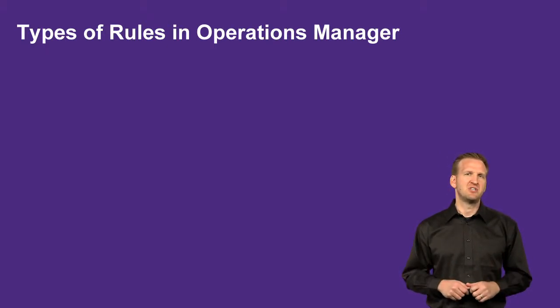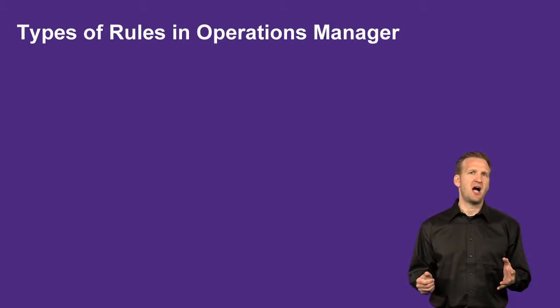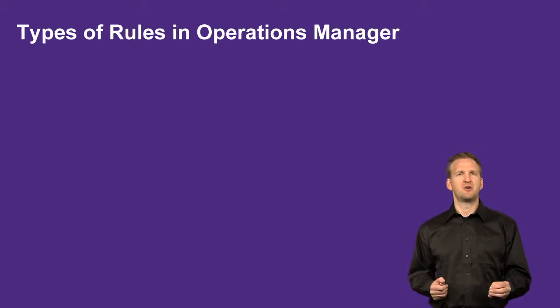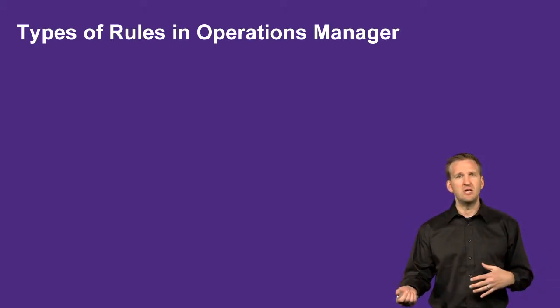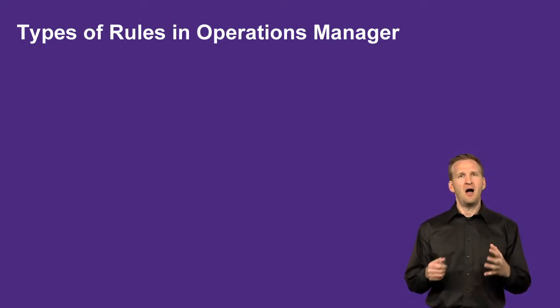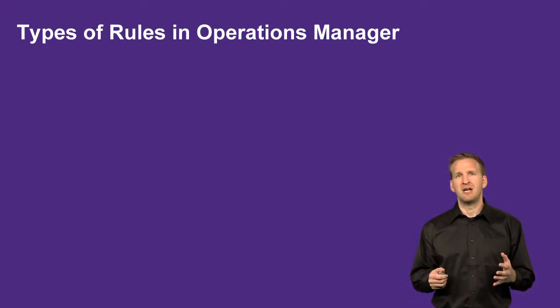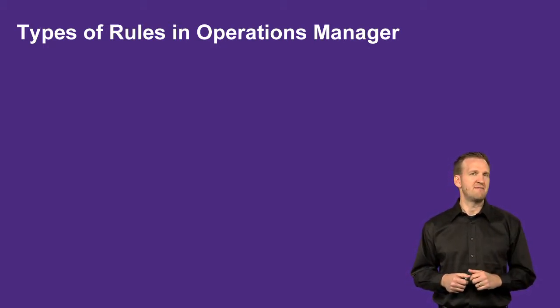First of all, let's remind ourselves, Operations Manager, as a part of the System Center suite, its job is to monitor systems, servers, hardware, whether it's Linux or Windows or even network devices. The job of the Ops Manager is to keep track of what's happening and alert us if necessary.